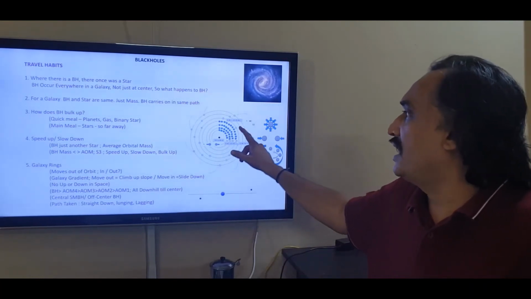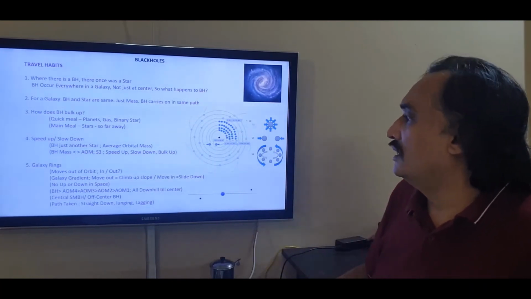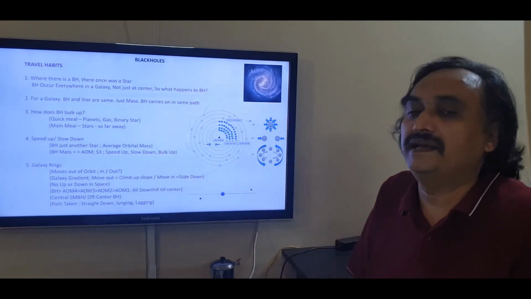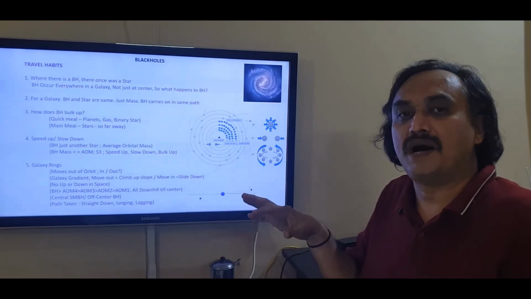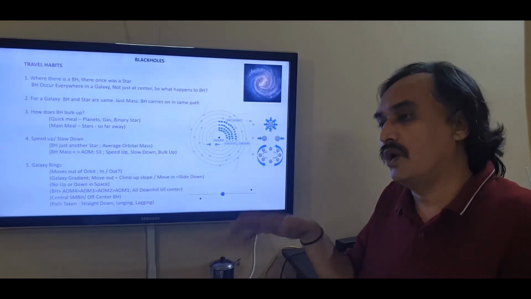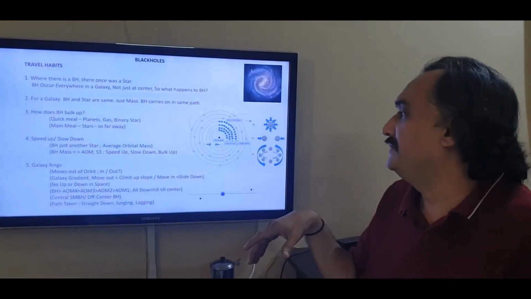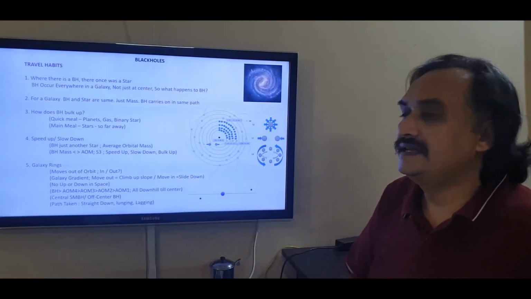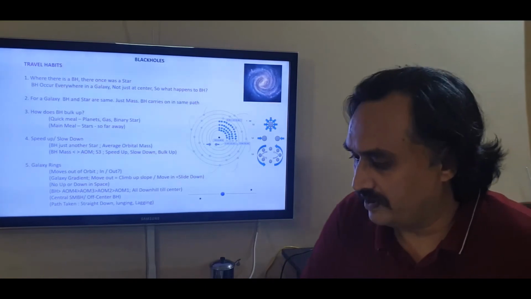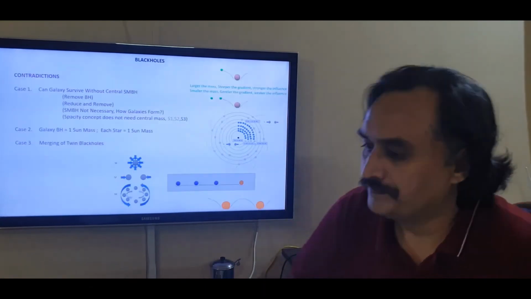It could be straight down, it could be lunging forward, or it could be lagging backward. It all depends on where it was, what was its mass, which orbit it is moving, what was in its vicinity. Accordingly, the path would be decided. And these are basically the travel habits, as proposed by Manthan.